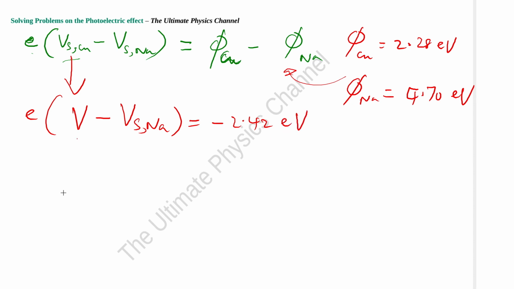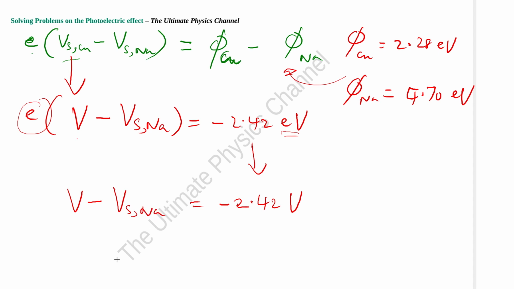So in terms of V, we want to write the answer. Of course, these are in eV units. If you want to convert this to volts, we can write 2.42 volts. Of course, the electron charge need not be multiplied there. So that directly becomes Vs Na.